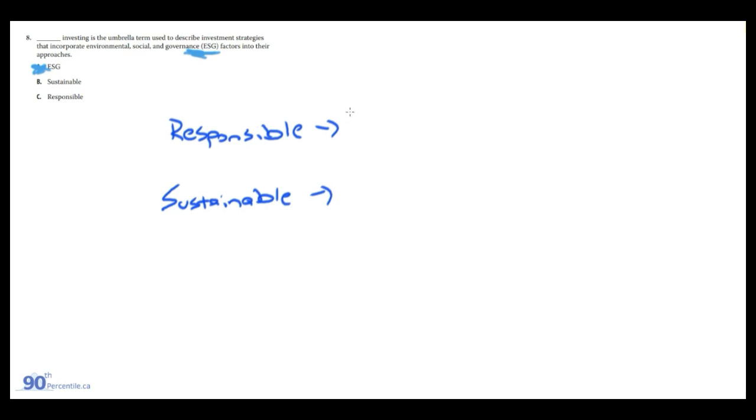In practice, these terms are kind of loosely defined, in my opinion. But the way the curriculum defines them is that responsible investing prioritizes asset value or returns first, and then also considers your ESG factors.